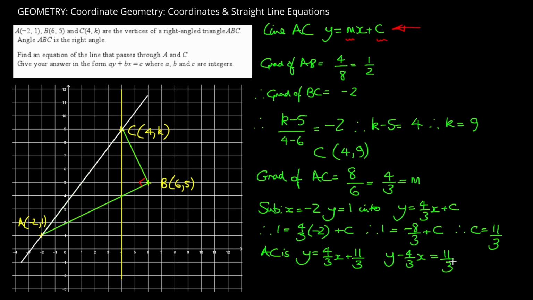So I'll take this equation and multiply through by 3. So I get 3y minus 4x, the 3s obviously cancel on that particular term, is equal to 11. And if we're being really fussy, that gives me that a must equal 3, b must equal negative 4, and c equals 11. And that is the answer.